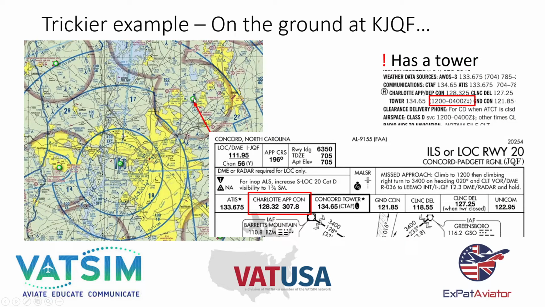So unlike other parts perhaps in Europe where this would just therefore be uncontrolled, the Charlotte approach controller will be controlling Concord as well. And by that I mean all of Concord, because Concord has a tower. They're going to be controlling everything top down from Concord, including approach, tower, ground, and so on.